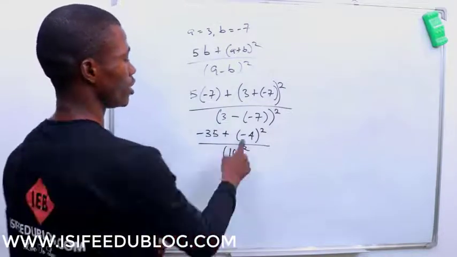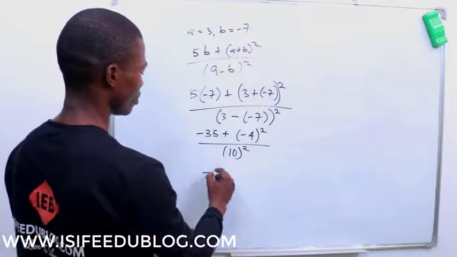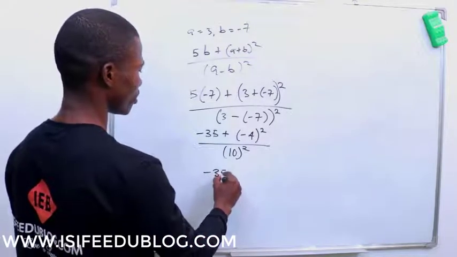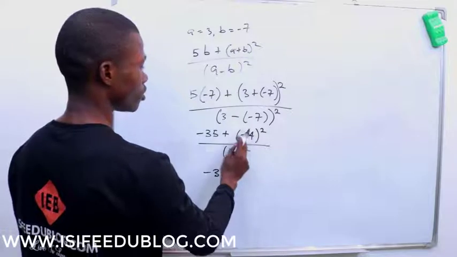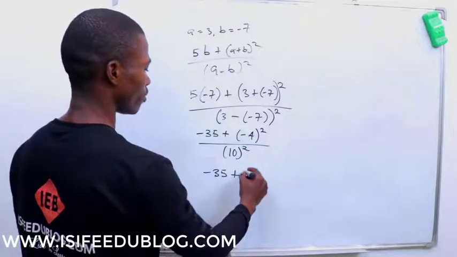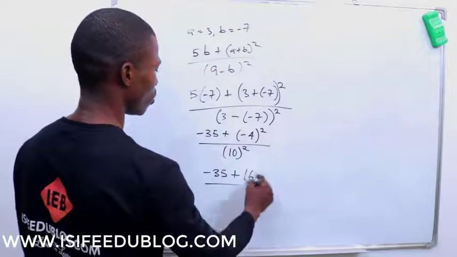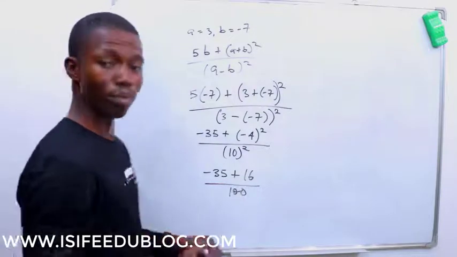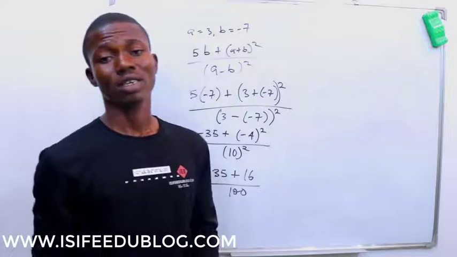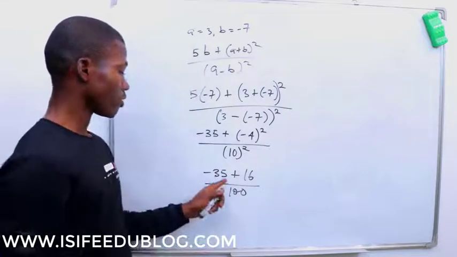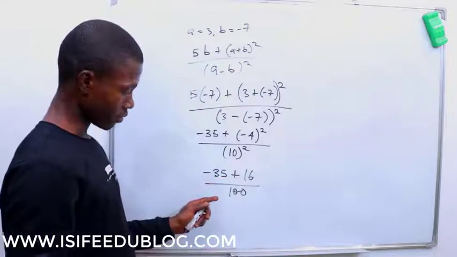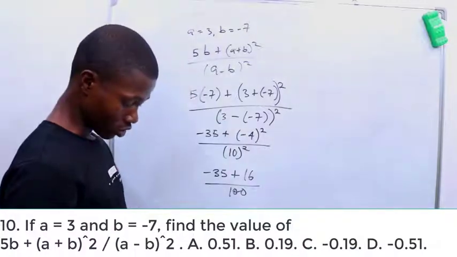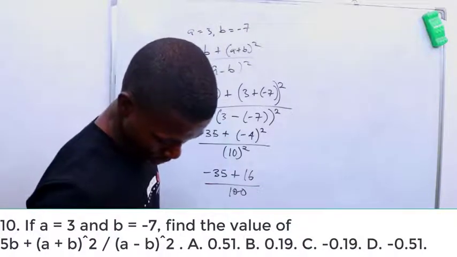So you solve. 4 squared will give us 16. So this is minus 35 plus 16 all over 10 squared, which is 100. So you just go ahead and punch this in your calculator and get your answer. 16 minus 35 divided by 100.